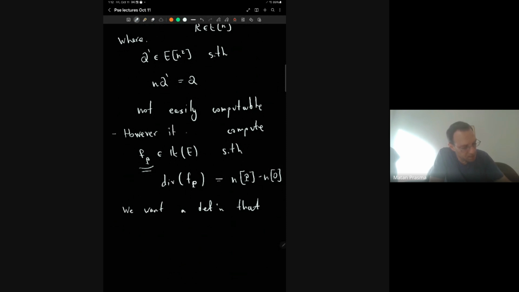It should be easier to compute f_P, and we want a definition that involves f_P and not f_Q and not g_Q.